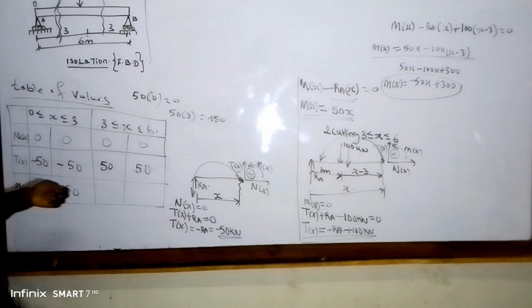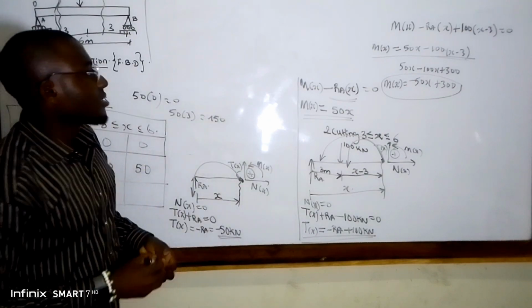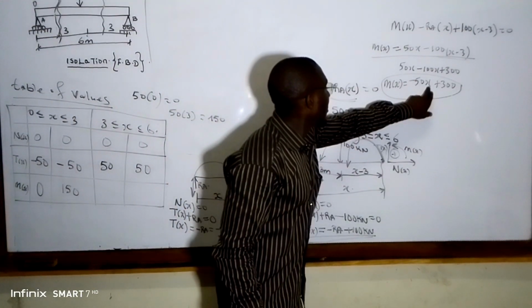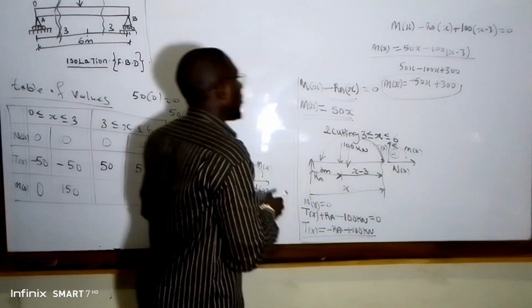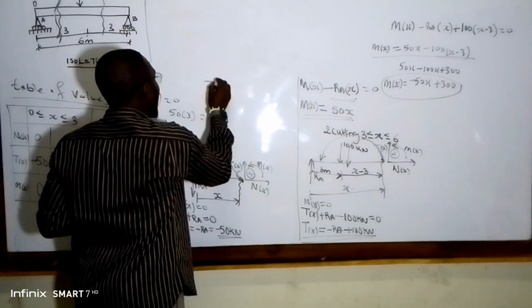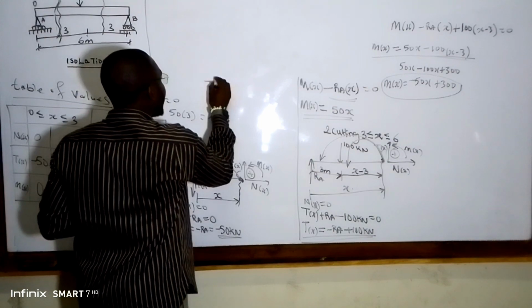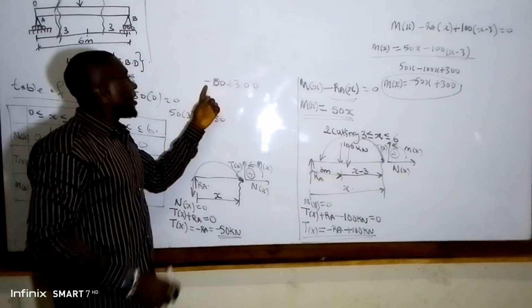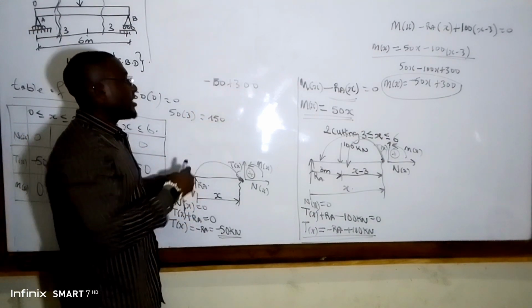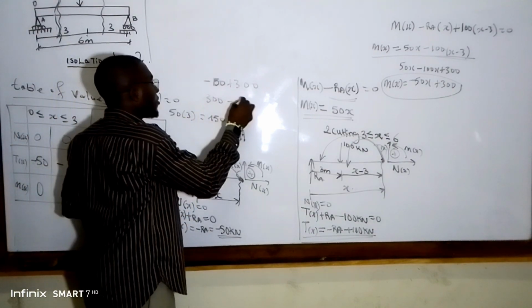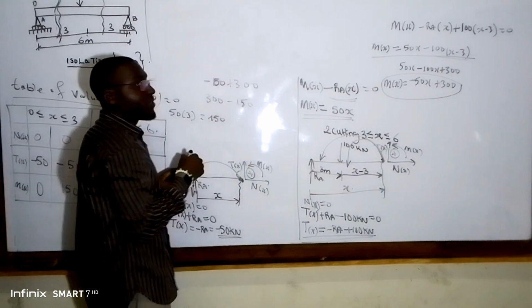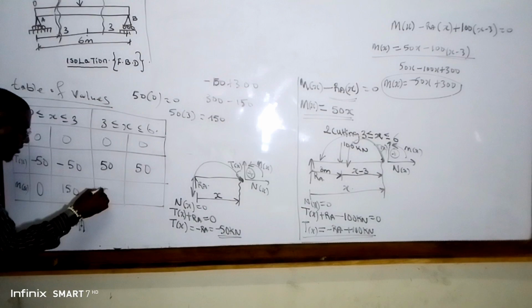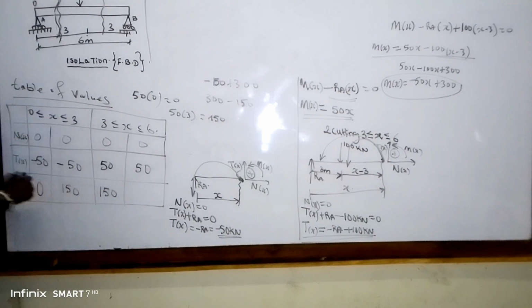Substitute 3 in that. So 3 times 50, we have negative 150 plus 300. Negative 150 plus 300 is the same as 300 minus 150. So 300 minus 150 is 150.